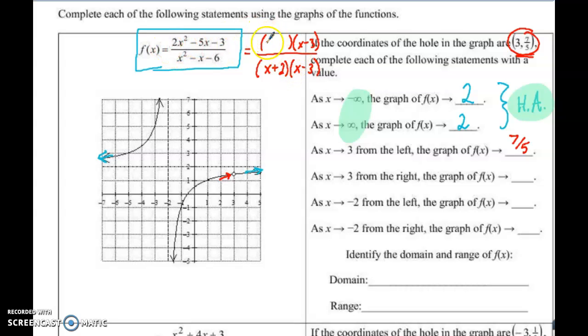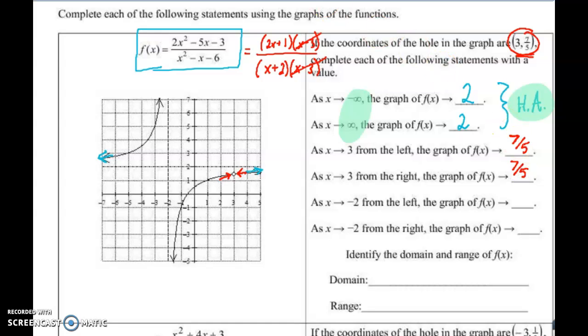Let's see, this would be 2x and 1. If that's negative, this one has to be plus. So if you plugged in 3 for these x's, 2 times 3 is 6 plus 1 is 7. You get 7 in the numerator, and 3 plus 2 in the denominator gives me 5. So those two pieces cancel. So it's the same on the left and the right.